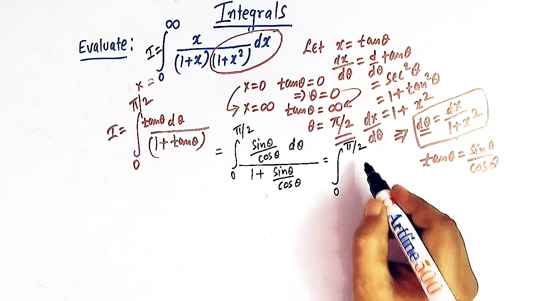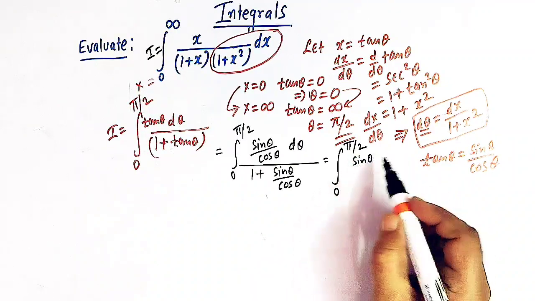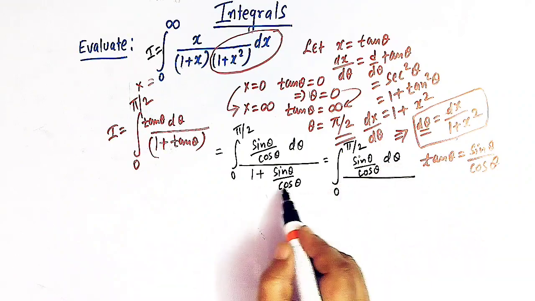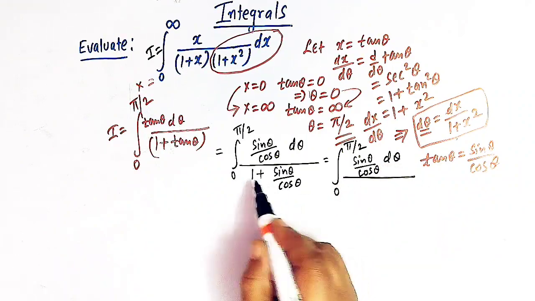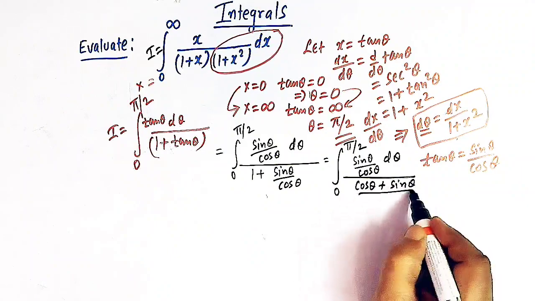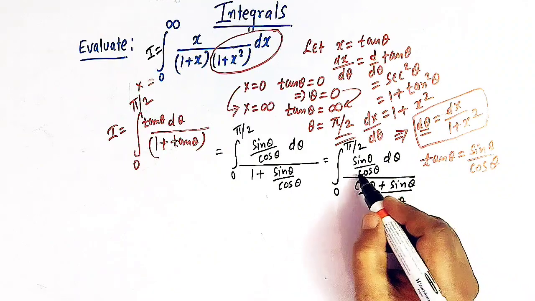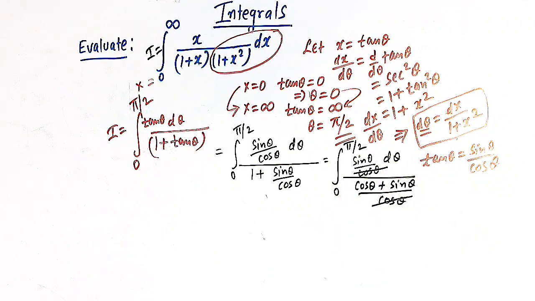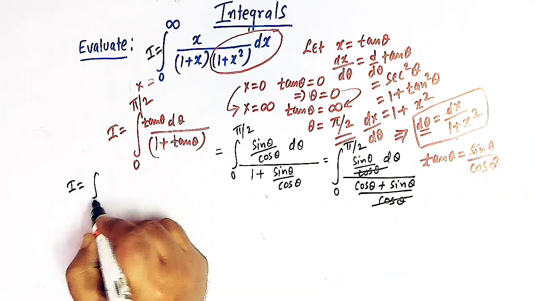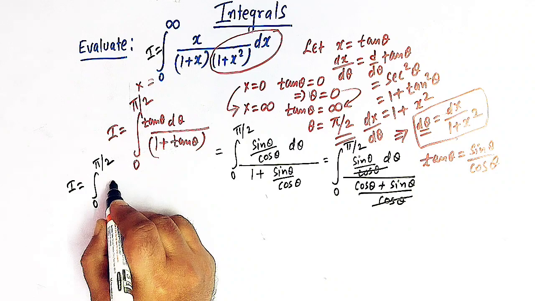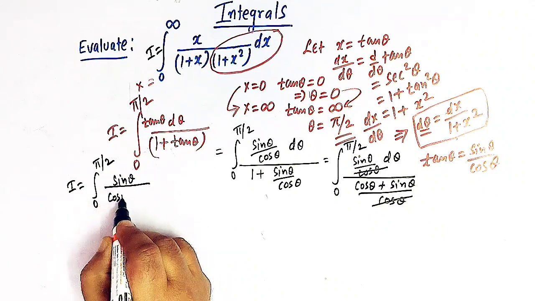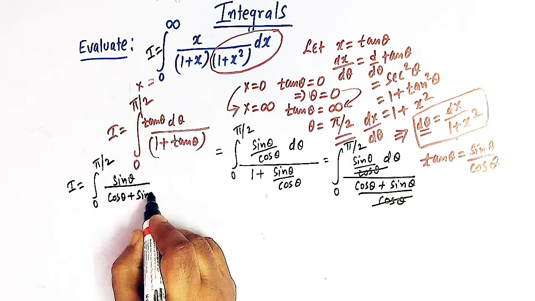Multiplying the 1 by cosine theta, we have cos theta plus sine theta divided by cos theta. Now this cos theta and this cos theta get cancelled. So now we have I equal to the integral from 0 to pi by 2, and we are left with sine theta over cos theta plus sine theta.